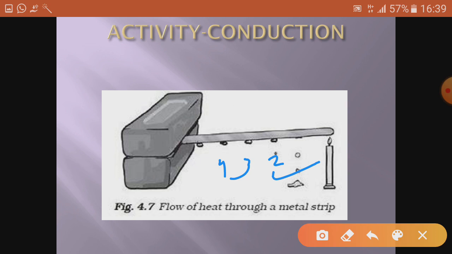So this is how we can understand the heat from the flame is traveling along the rod from one end to another. The nail starts to fall as the wax that stuck them to the rod melts. The nail nearest to the flame falls down first, followed by the one next to it, and so on. The nail at the other end of the rod is the last one to fall.